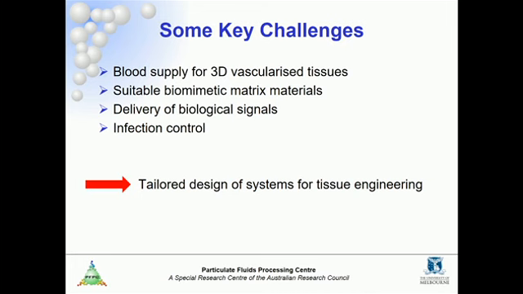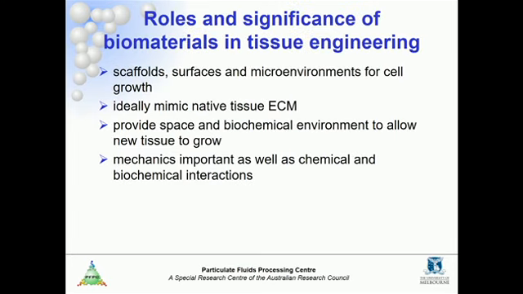So with any implanted material in the body, the risk of infection is a significant complicating factor. So we're interested in how biomaterials might help us to avoid or limit that problem. So all of this leads us to think that we need tailored design of systems for tissue engineering, taking account of which kind of tissue we're trying to engineer.